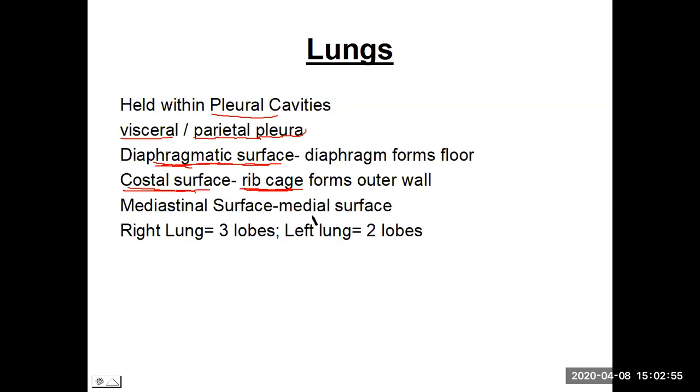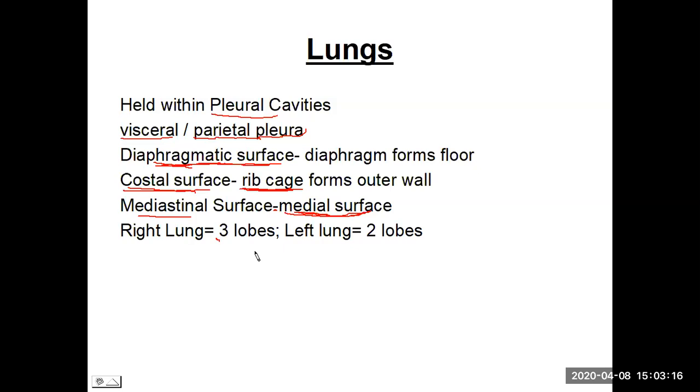And lastly, the medial side of the lung could simply be referred to as medial surface, or an equivalent term, the mediastinal surface. The side of the lung that faces towards the mediastinum, that central space of the thoracic cavity.